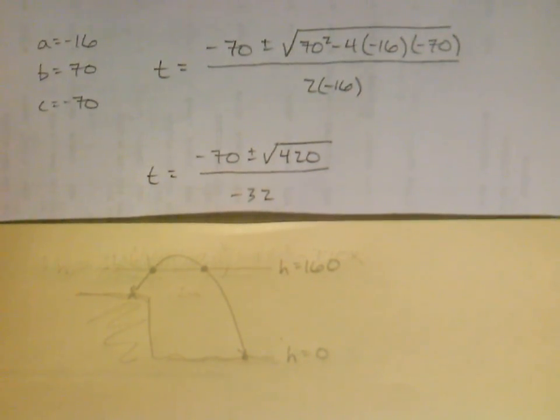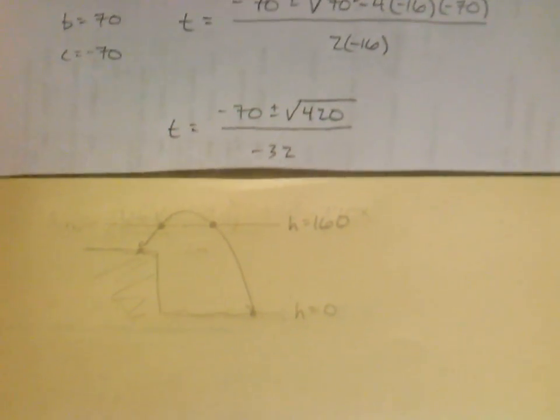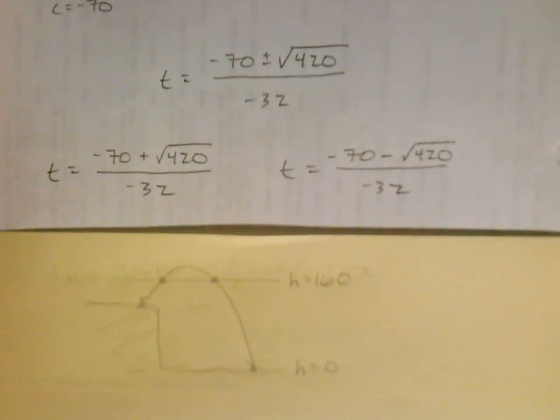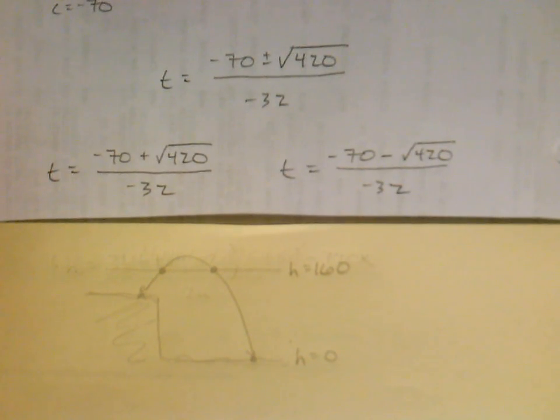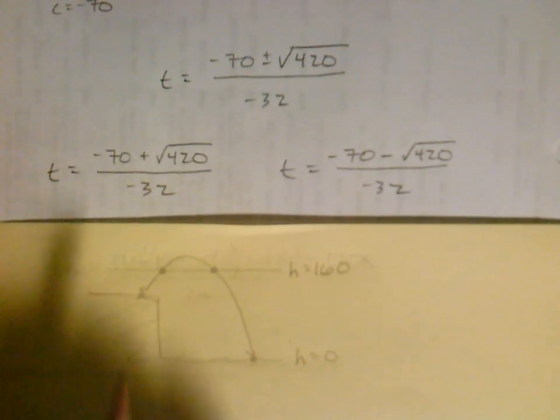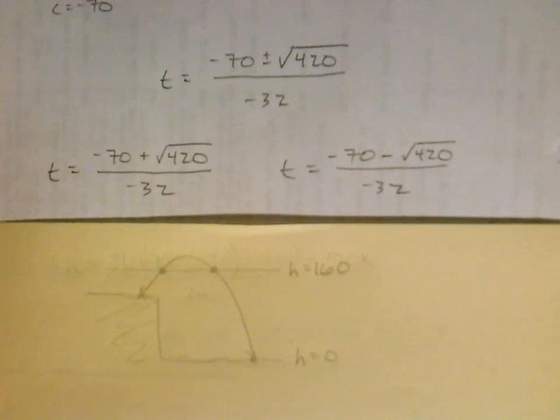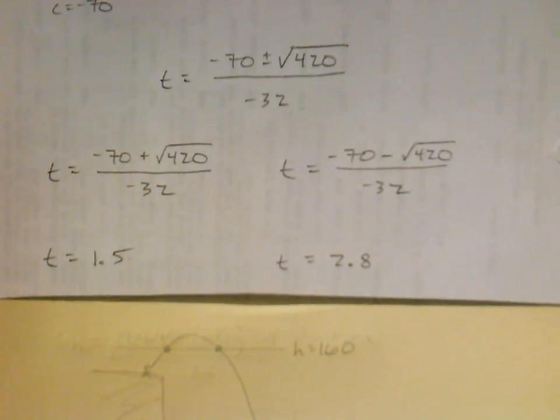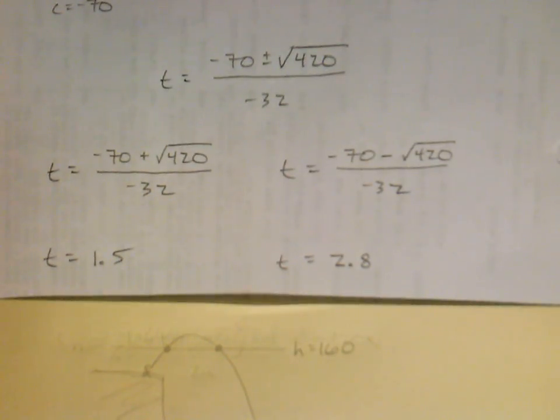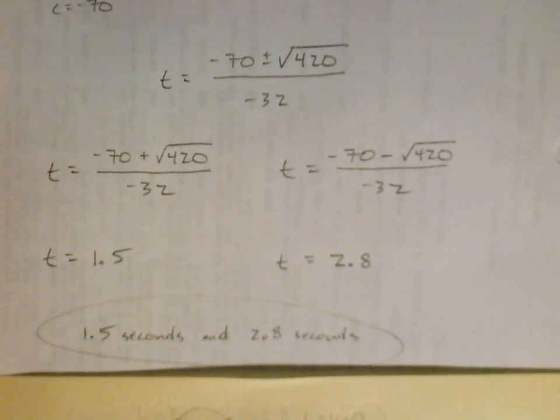And I know I'm going, hopefully you're writing all of this down, I know I'm going too quickly, but just because we've done this so many times now, we'll get the one where we add the 420, one where we subtract, and we come to our 2 decimal answers. And both of those are our answers.